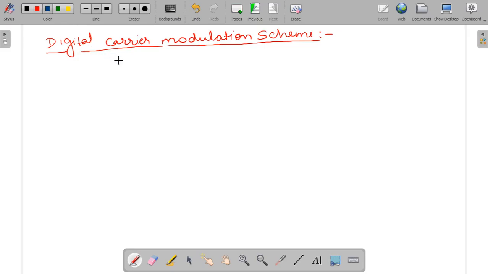What is the channel of digital communication? Free space. And the channel of analog communication is wire channel. So it is transmitted through free space, and bit by bit transmission is there.